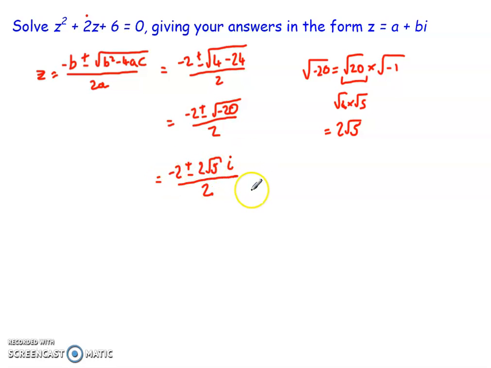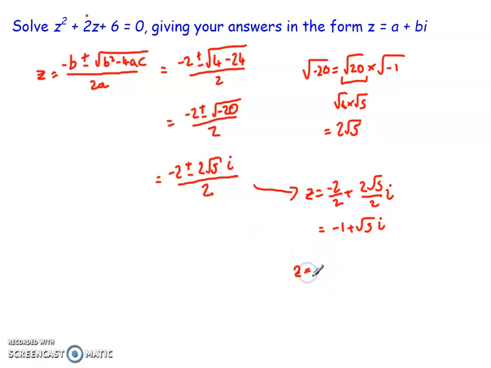What I then do is split it up by dividing both terms here by 2, and I get my two solutions. So solution 1, z equals negative 2 over 2 plus 2 root 5 over 2 times i, which in this case is negative 1 plus root 5 i. And my second solution comes from the subtraction version of this.